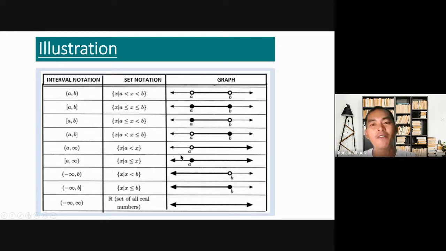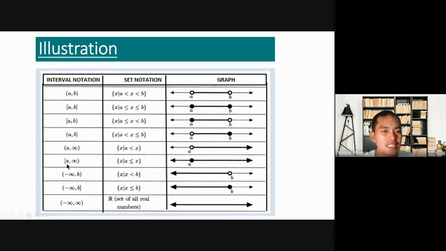Because all values to the right of the y-axis are all positive. Okay? To the right, ang arrow meaning that's going to positive values. That is why, if we have here from A to positive infinity, your arrow of your graph is going to the right. Since this is open, meaning the starting point is a hollow circle.